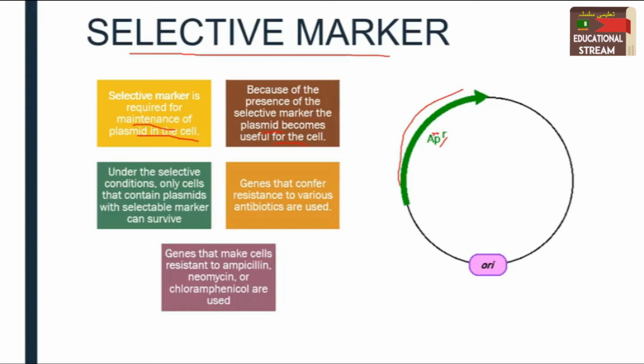Under selective conditions, only cells that contain plasmids with the selectable marker can survive. Selective condition means we are providing ampicillin within the media. If you have studied microbiology and performed some experiments, you may know that we take a Petri plate in which we put the media, mostly for bacterial growth.